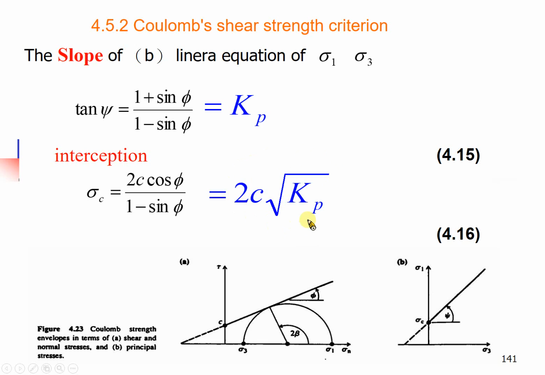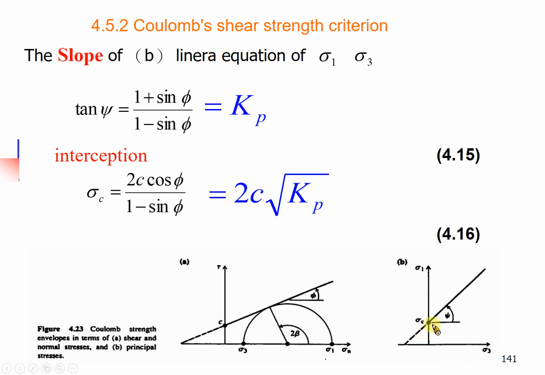What does the intercept mean in sigma 3 and sigma 1 space? I don't need the whiteboard, sorry.